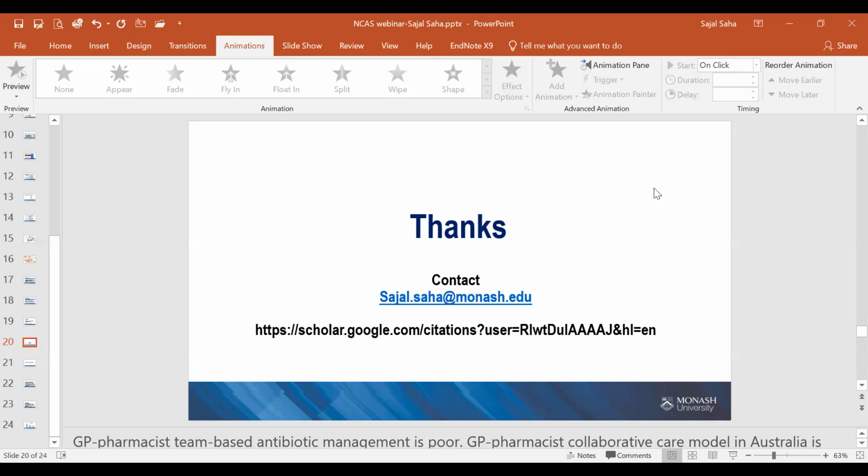Yeah, that's a really good question. What we have done is try to develop a GP pharmacist collaborative model of care. So we have the evidence-based interventions in place.